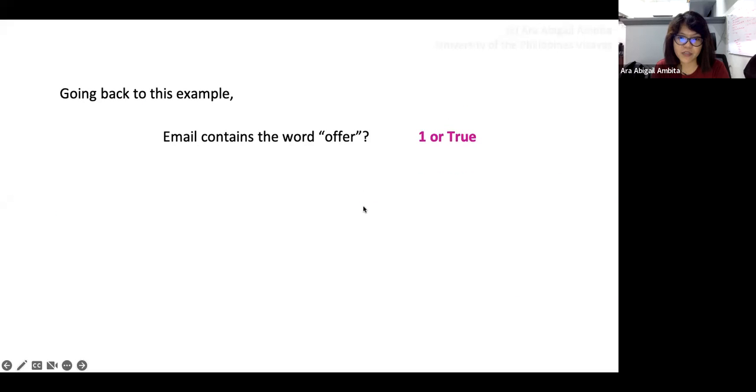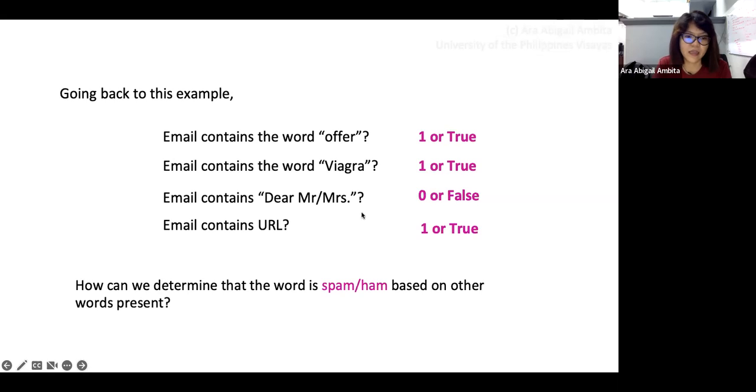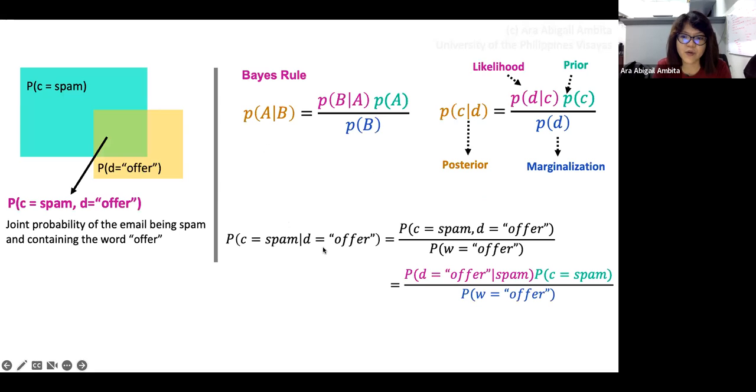Okay, so going back to this example, does the email contain these words? And so how can we determine that the email is spam or ham based on the other words that are present? In the previous example, we only considered the occurrence of one evidence, or one word.